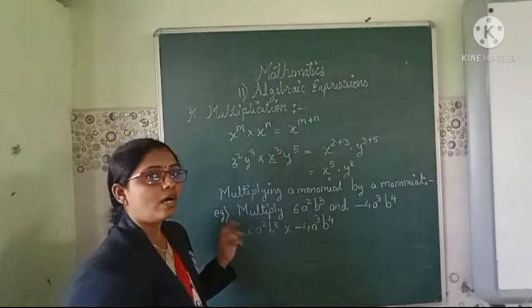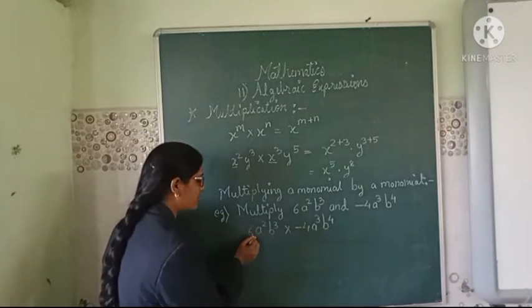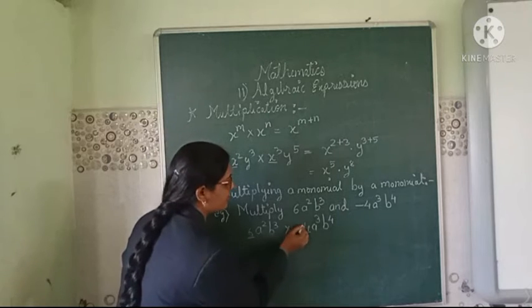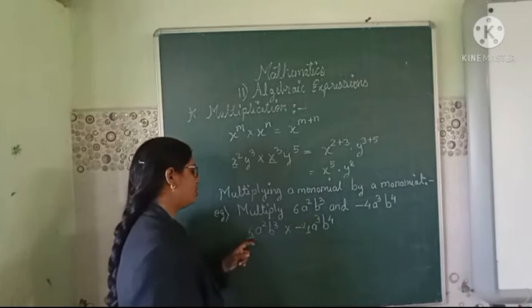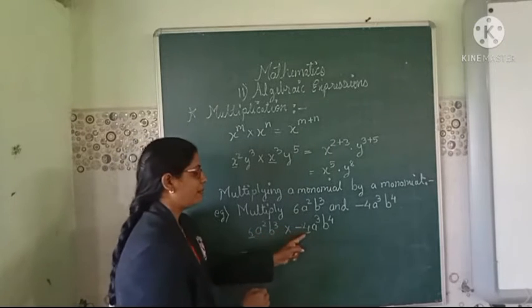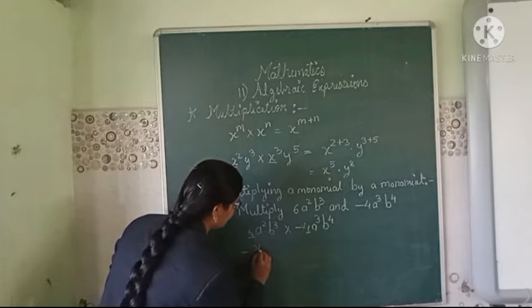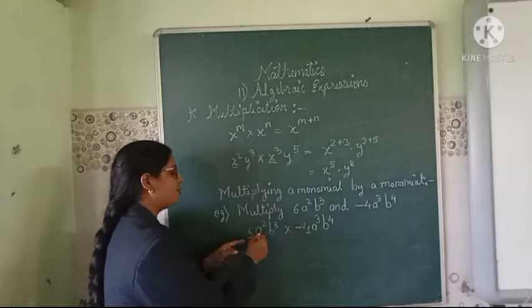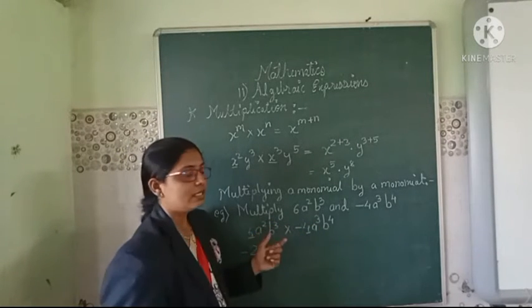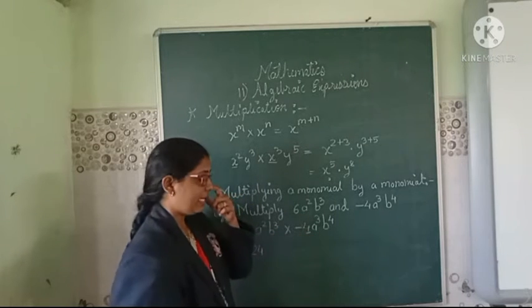Here always keep in mind that constants will get multiplied first. Don't forget the negative sign here, so the negative sign will be as it is. 6 multiplied by 4 is 24. And then you have to add the powers of each particular alphabet.